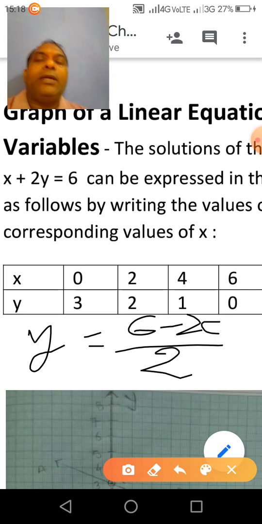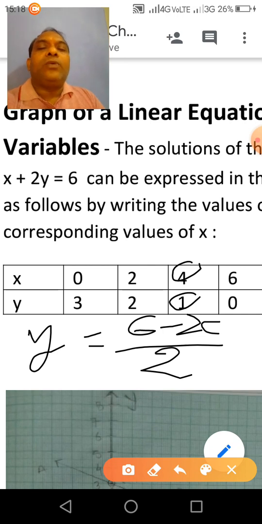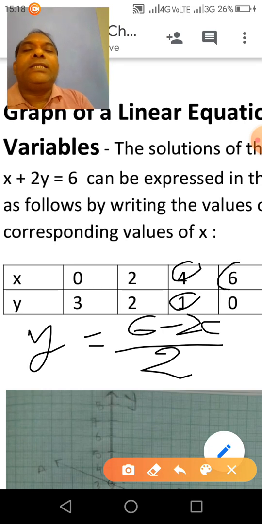Now put x is equal to 4, then y will be equal to 6 minus 4 upon 2. It means 2 upon 2 is equal to 1. It means when x is equal to 4, then y is equal to 1. Now put x is equal to 6. So when x is equal to 6, then y will be 6 minus 6 upon 2. It means 0. Clear?